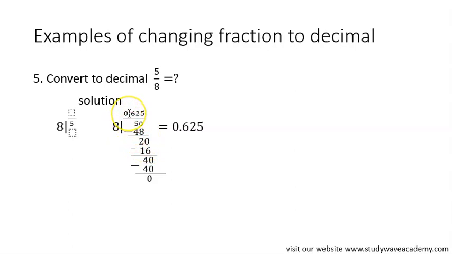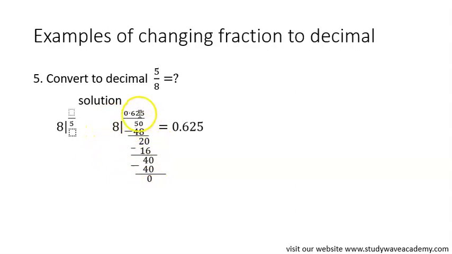Since we have a decimal point here already, we can add 0. So 8 in 20, it will go 2 times. So 2 times 8 will give us 16. So 20 minus 16 is 4. We have a decimal point here, so we can add 0. When you add 0, you have 40. 8 in 40 is 5. It will go 5 times.